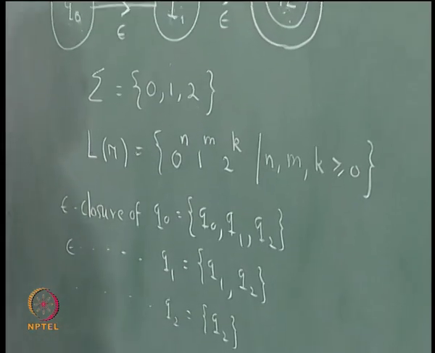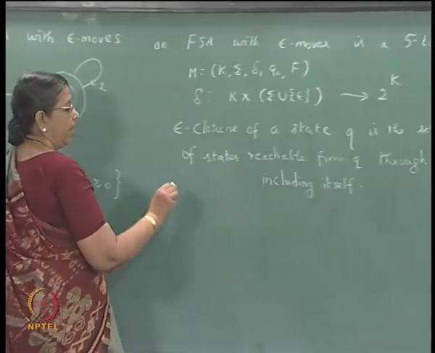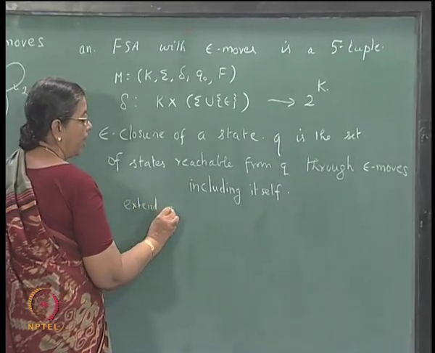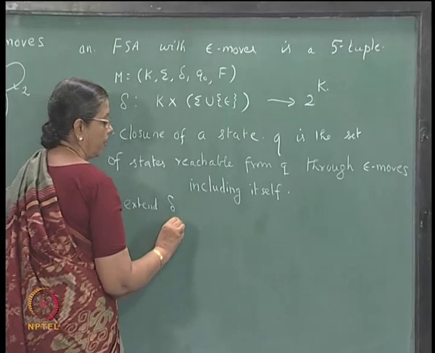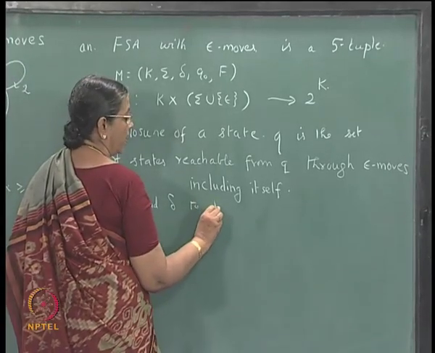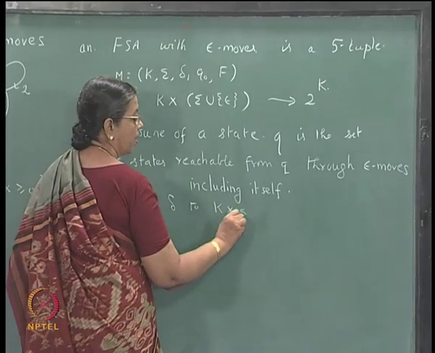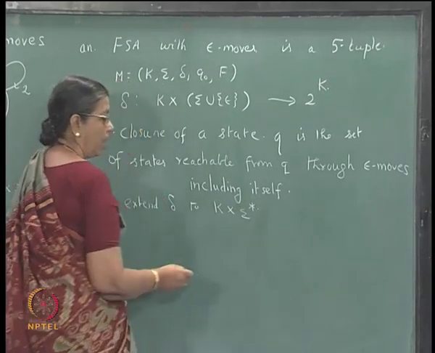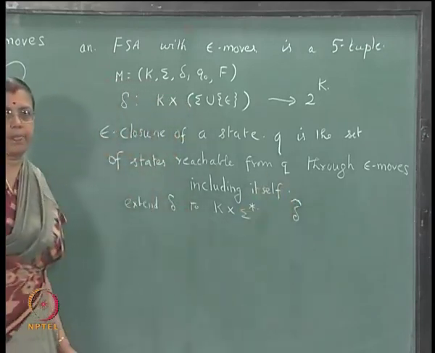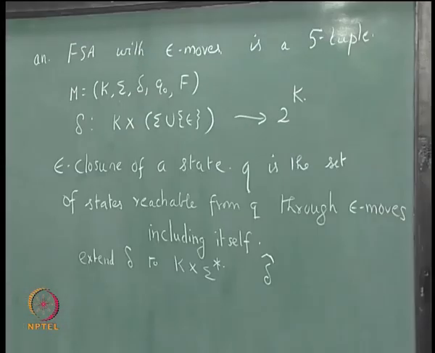Now, we define extend delta to K cross sigma star. Now, you use a symbol delta cap here, usually when you extend.